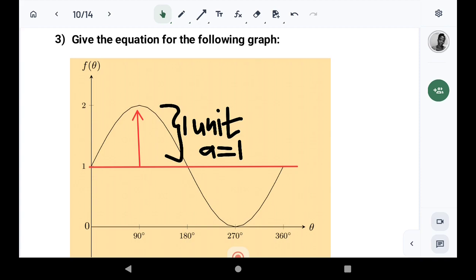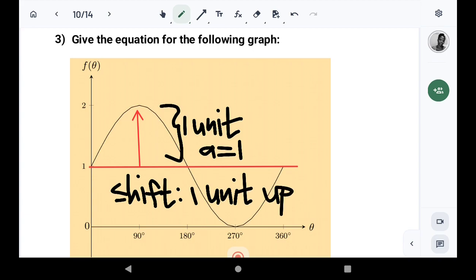That means this graph is shifted 1 unit up. So your Q equals 1.